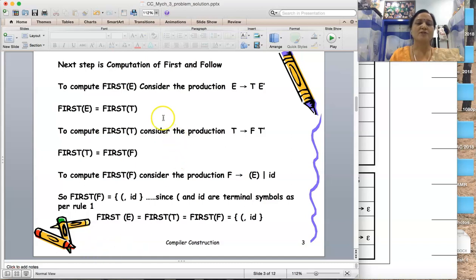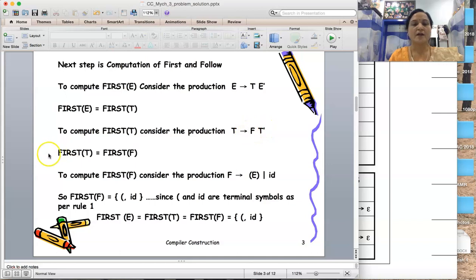Now the next step, after the removal of left recursion, is computation of first and follow. To compute first of E, we have to consider the production E tends to T E dash. So first of E is equal to first of T. Now T is also a non-terminal, so to compute first of T, we consider the production T tends to F T dash.